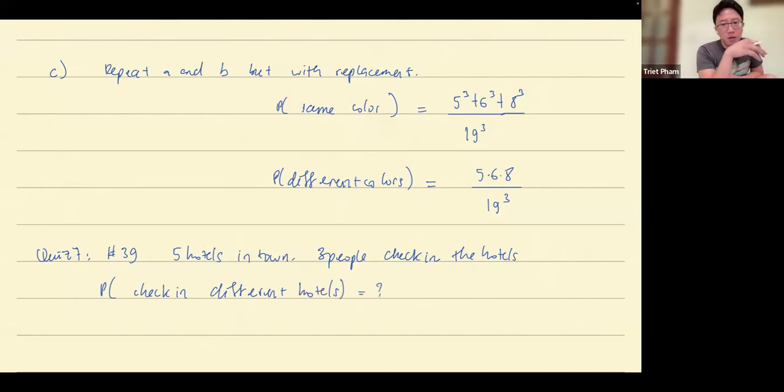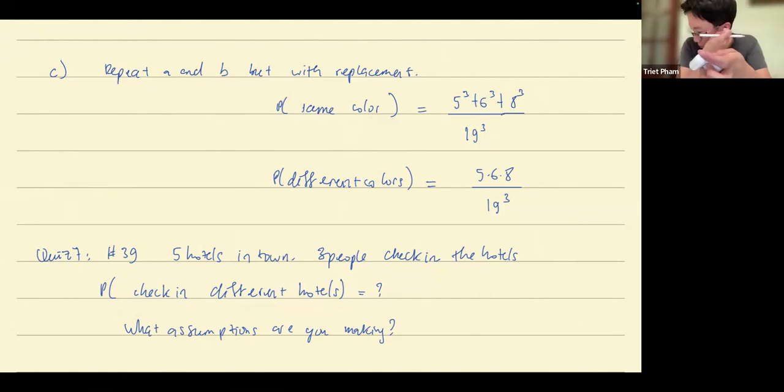Does that make sense? Because 2 people can randomly check into the same hotel. They also ask what assumptions you are making, but let's first solve it. So how do we solve this question?